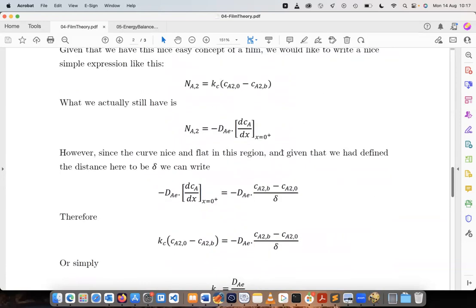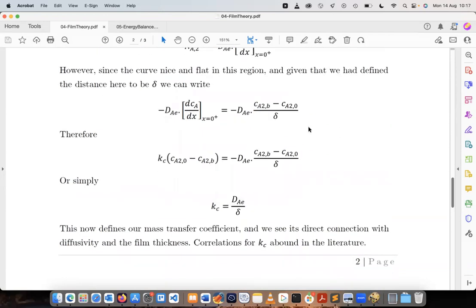So we define this delta to be the distance away from the interface where the action is happening. It's the distance away where the concentration becomes equal to 99%.